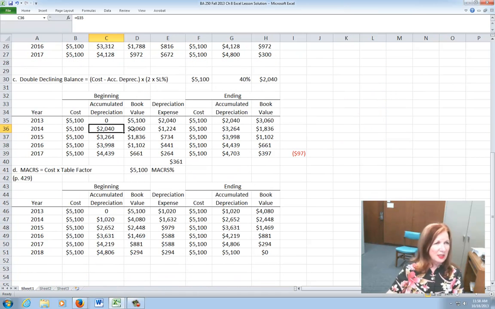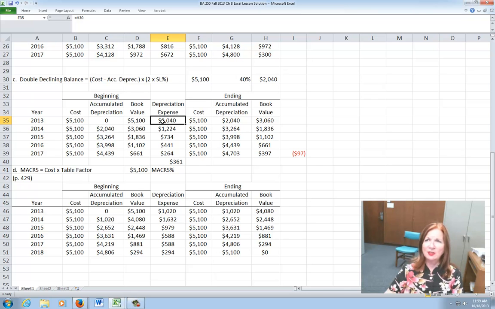And so you'll see it becomes 0. Now the book value at the end of year 1 is cost minus accumulated depreciation, 5,100 minus 0 for 5,100. Now the formula here that we're going to put in is, for the first one, I made it equal to H30, which is fine.